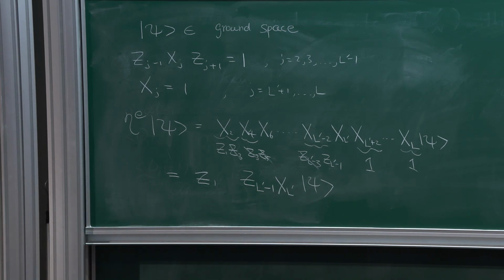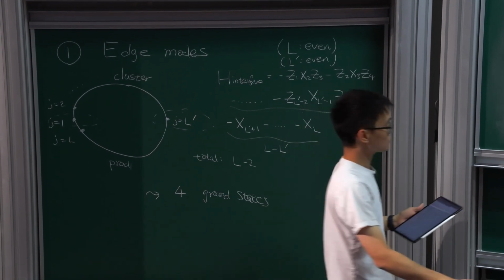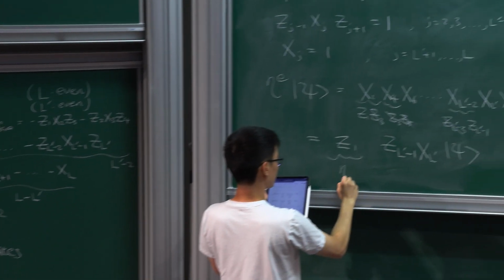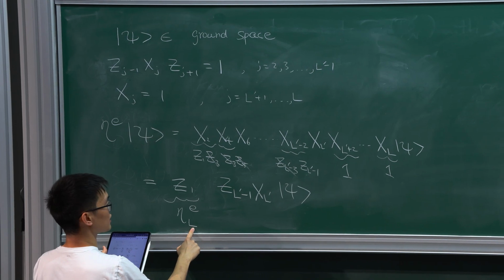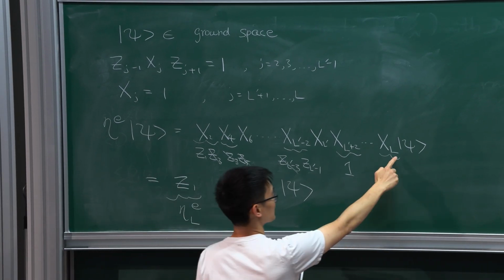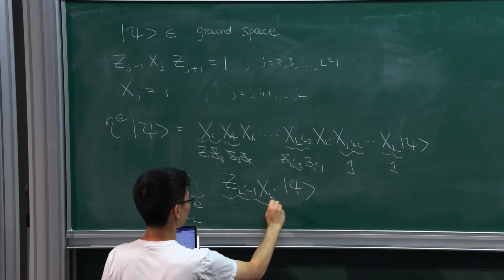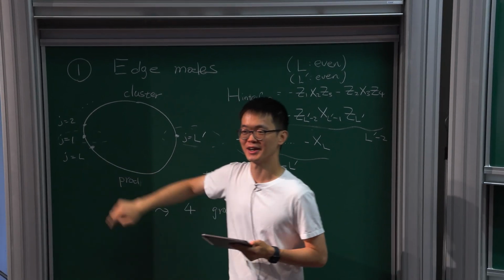Remember, the 1 region is here, the L prime region is over there. So let's give them some names. This factor, I'm going to call eta left even. So this stands for left, whereas this stands for the number of sides. It's a little bit confusing. Apologize for that. It actually makes sense because the left region is close to the L side.